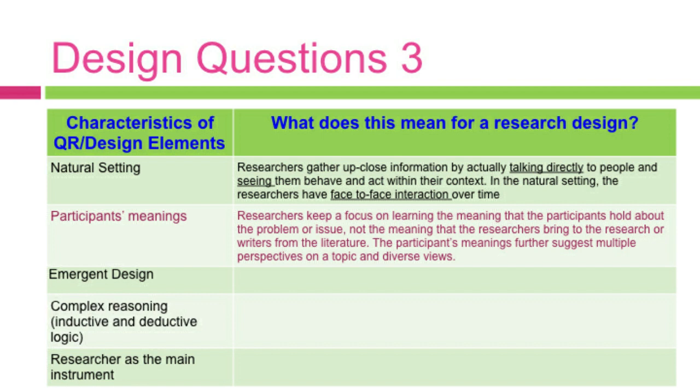So you want to be true to when you say you want to find out participants' meanings. They might be inconvenient, they might be all over the place, you might not get a coherent way of looking at them in the beginning, but if you say you want to find out participants' meanings, you have to truly represent what you find. And so that is another criterion, design criteria.